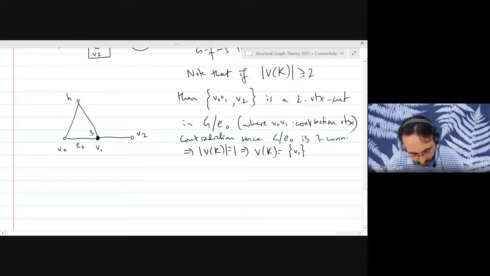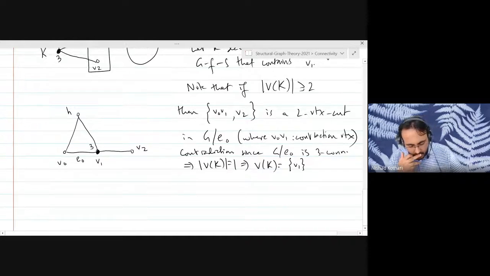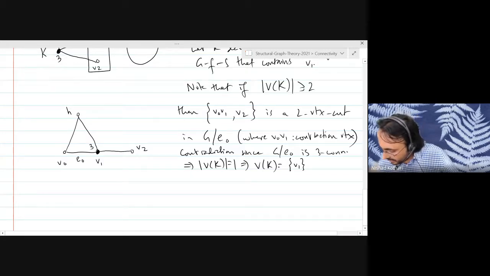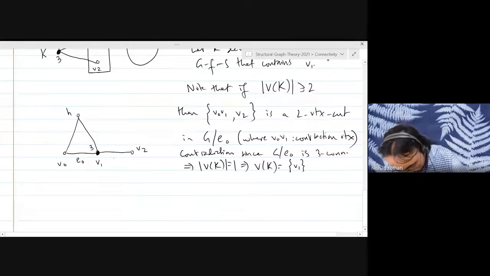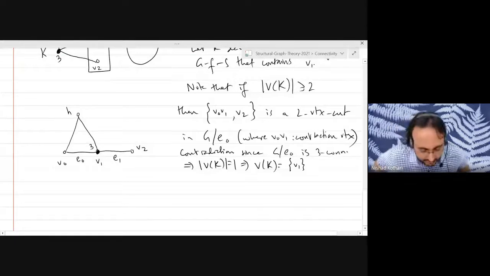All right. If not, now I want to look at this edge V1, V2. Let's call it E1.